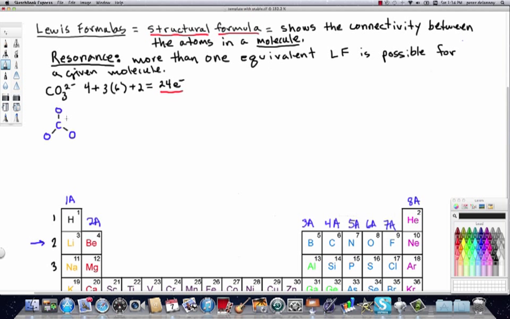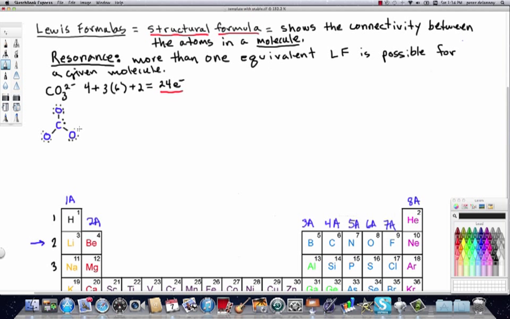And then following the rules, we would start with unshared pairs so that carbon has 8, and then we would move out to the next atom out, putting in pairs of electrons so that these atoms have 8. Okay, and we end up with, okay, the structure visually looks pretty decent.